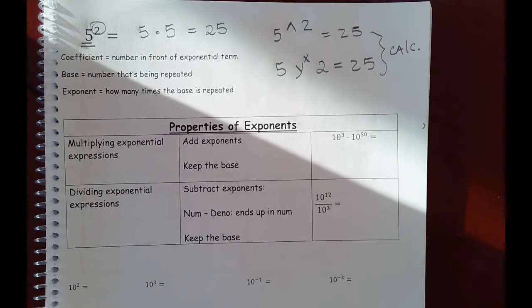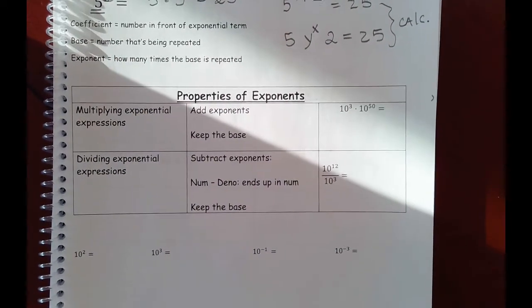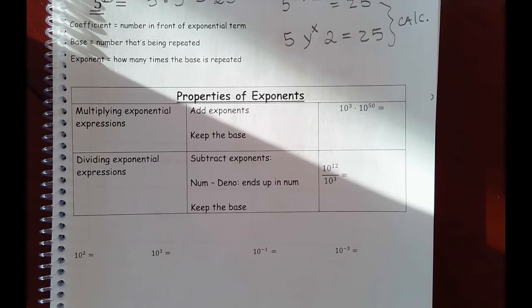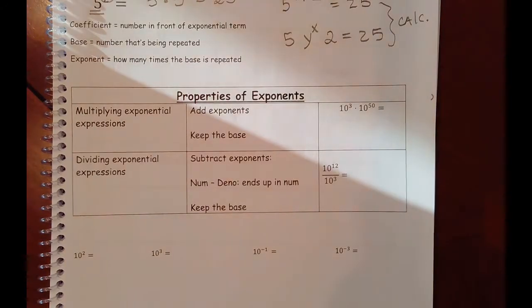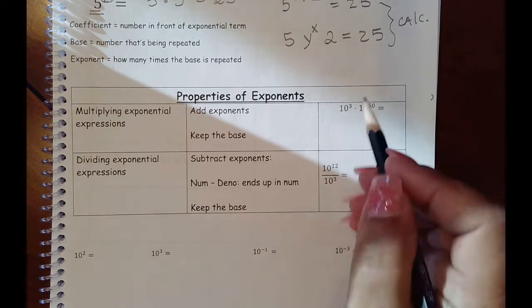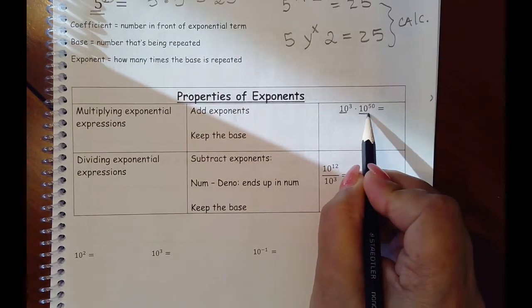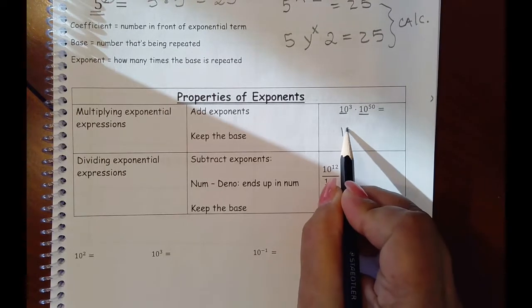Okay, moving on to properties of exponents. So you're going to be using these when you go to calculate any kind of a product or a quotient. What this says is that when you are multiplying exponential expressions, the bases have to be the same, and in that case, it will be the base.